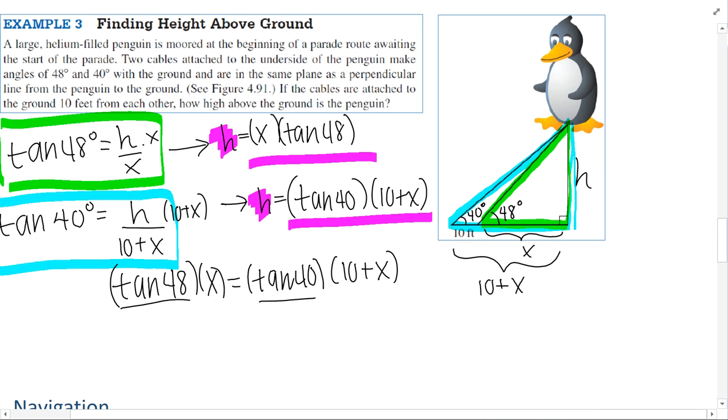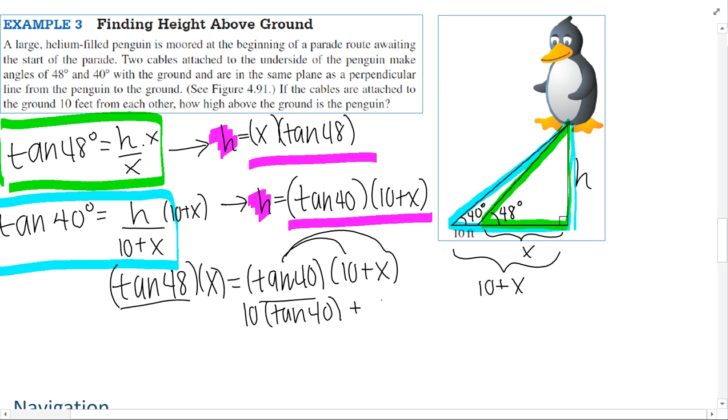Okay, so I'm going to distribute the tangent of 40. So I get 10 times the tangent of 40 plus the tangent of 40 times x equals the tangent of 48 times x.